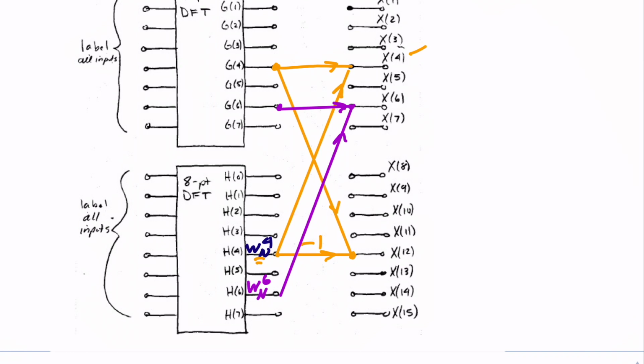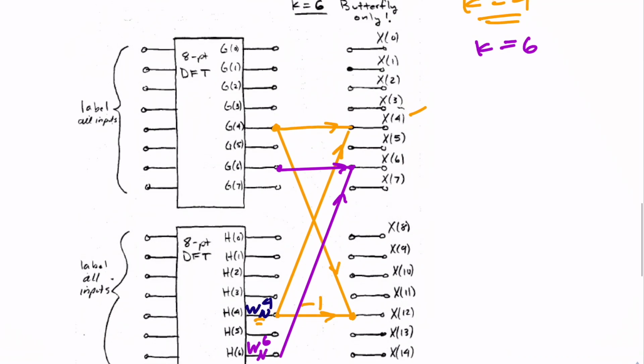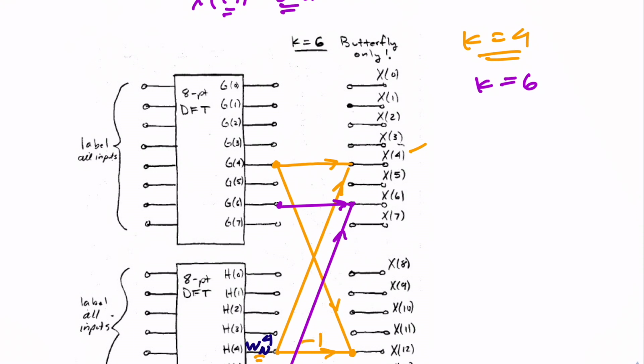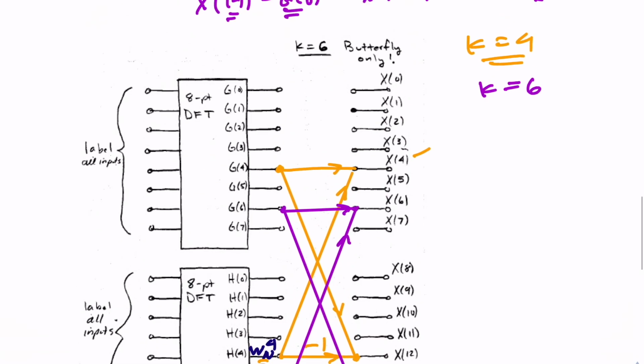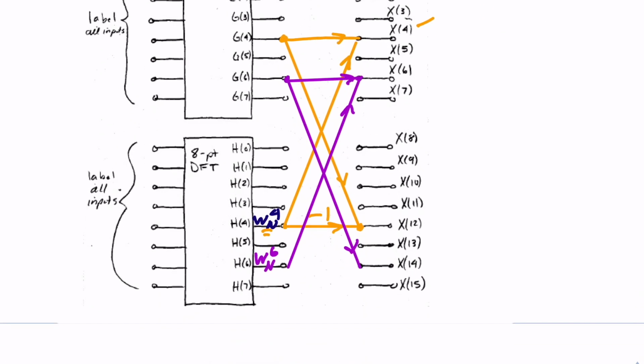That's the top half of the butterfly. To get the bottom half, I do the same thing with g of 6 down to x of 14. And then h of 6 with a minus sign, so that would go from here to here, minus 1.